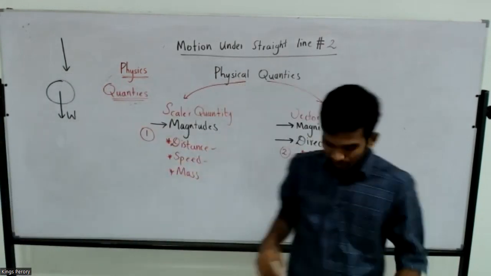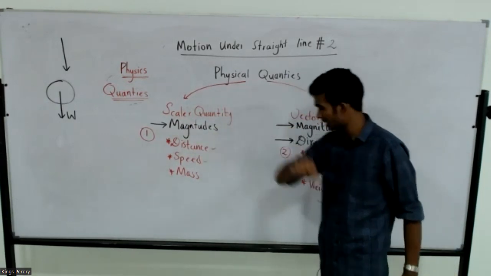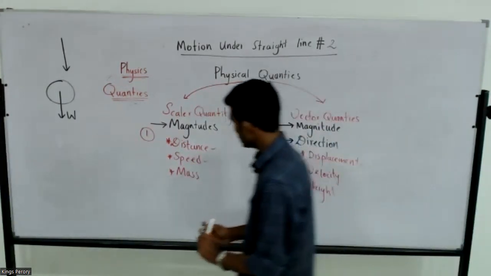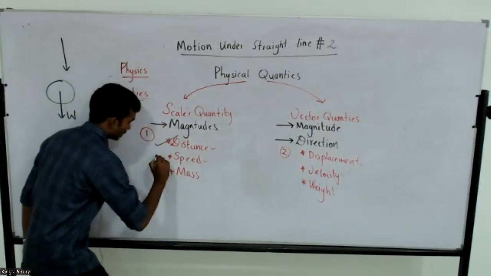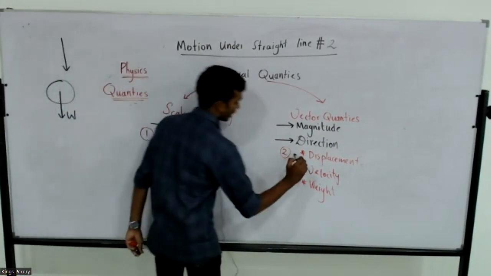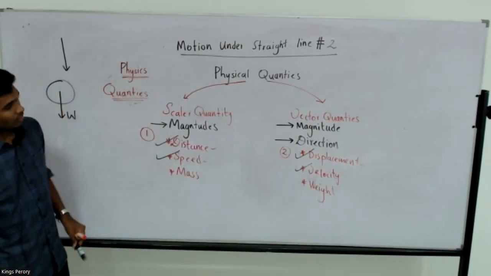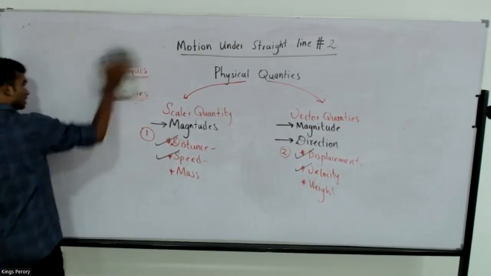Okay, right. Now people, we very well know distance and speed are scalar quantities. Displacement and velocity are vector quantities. Today we'll be studying each one of them. That means we'll be studying distance, speed, displacement, and velocity. Those who don't have a tute, write down a subheading: distance. We'll see what is distance.